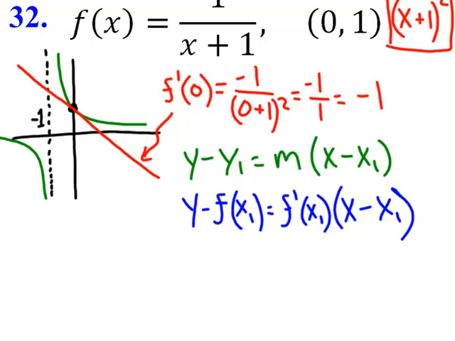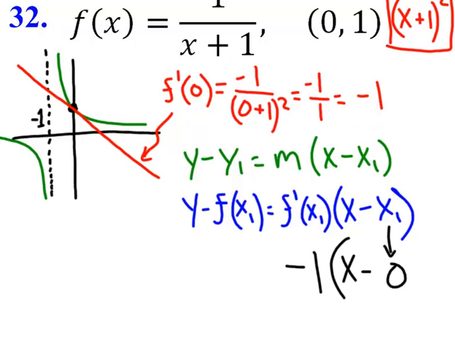We already calculated up here that our x1 is 0, right? And we just said that f prime of 0 equals -1. So I'll put that here, -1. Remember, a lot of students put the full derivative equation here. You don't want the full derivative equation. You need to plug in the x1 and get an actual constant there.